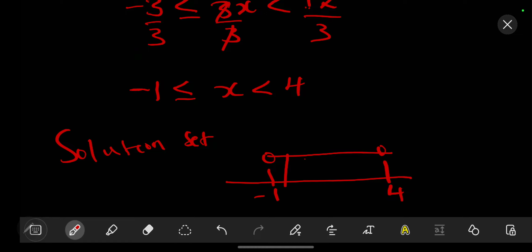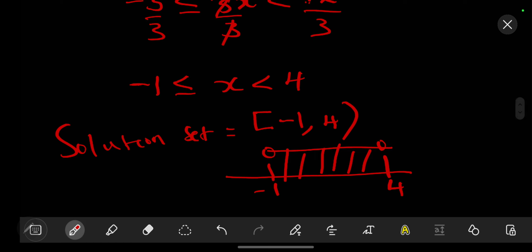So our interval will begin at -1 with -1 included, since it's saying less than or equal to. Then our last value is 4, so we put 4. As you can see, 4 should not be included, so we do this. So this is how you can solve that one.